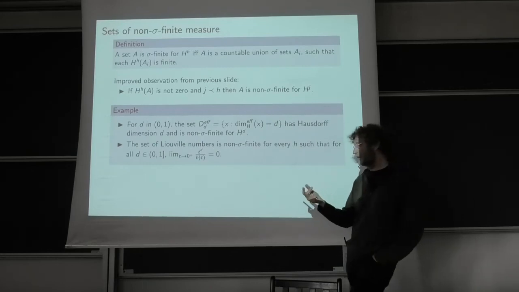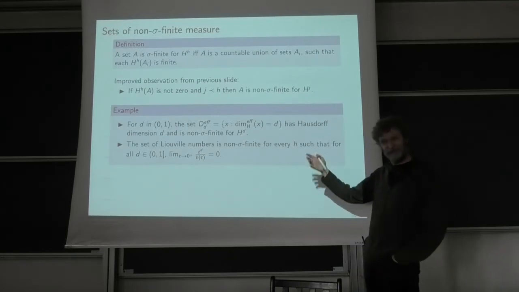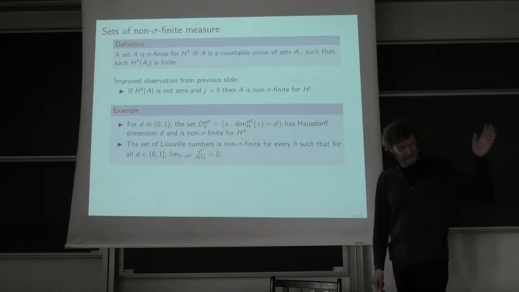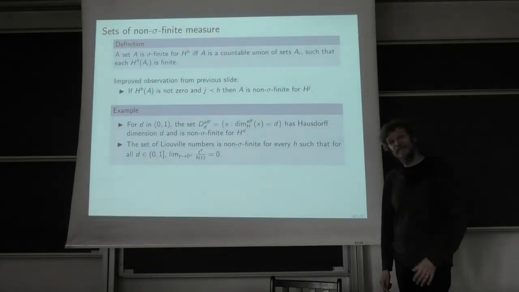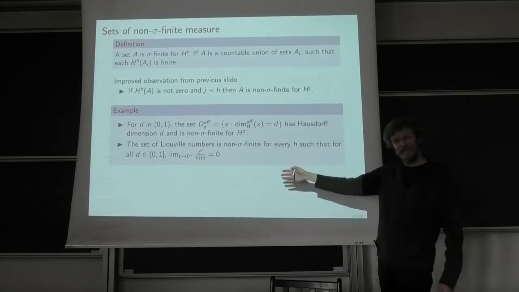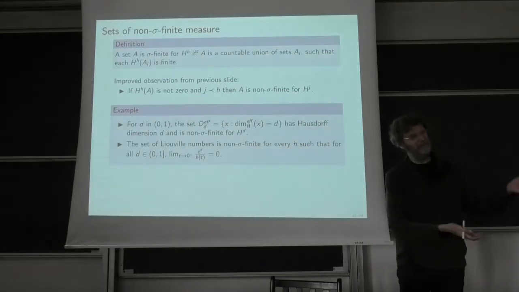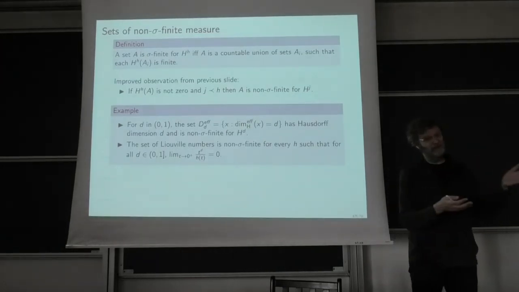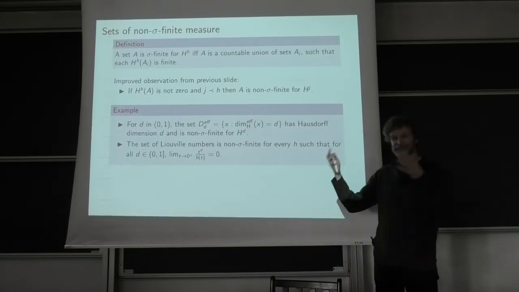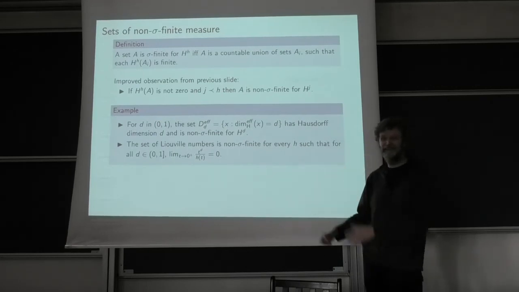Okay, so what would you say is the dimension of the set of Liouville numbers? The set of Liouville numbers has Hausdorff dimension 0, but every gauge function that's below all the power functions makes the Liouville numbers look non-sigma finite. So that's an exact calculation of the extent of the Liouville numbers. It has Hausdorff dimension 0, but among the dimension 0 sets, it is as thick as is possible.